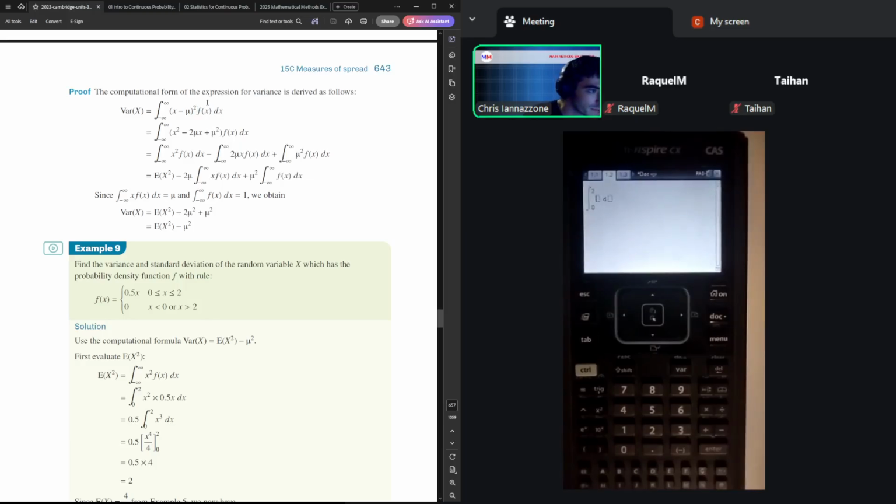Multiplying that through by f of x is basically the same as multiplying through by the probability, so to speak. Kind of like how when you do the discrete mean, you do your x times the probability. That's kind of like what's going on here. And because it's an integral, you're essentially summing that up across all possible outcomes.